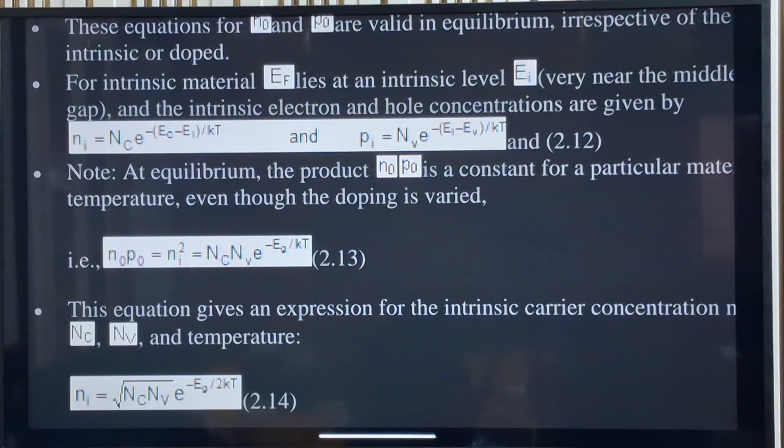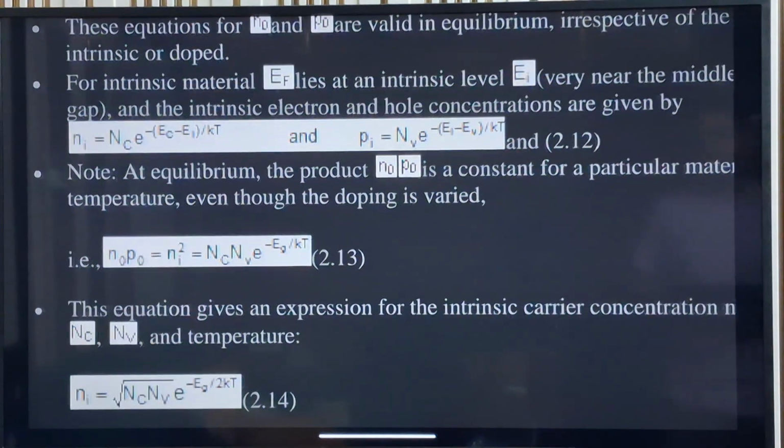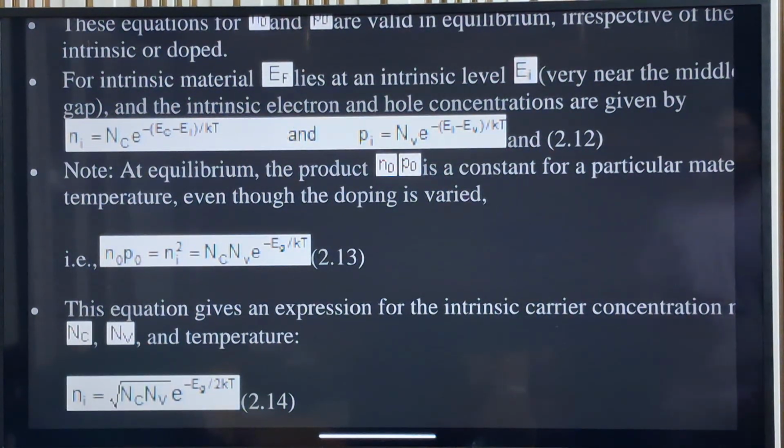We are basically replacing Ef by Ei here because the Fermi level lies very close to the intrinsic level Ei, which is the middle point of the valence and conduction bands. So keep in mind that for intrinsic semiconductors we can write the Fermi level as basically being the midpoint of the conduction and valence bands.